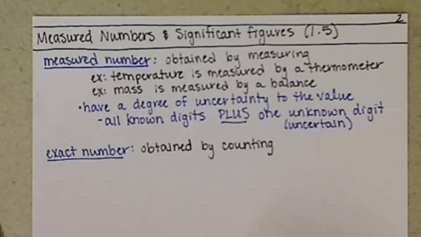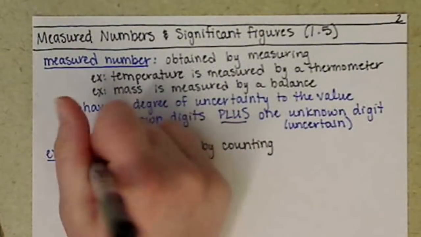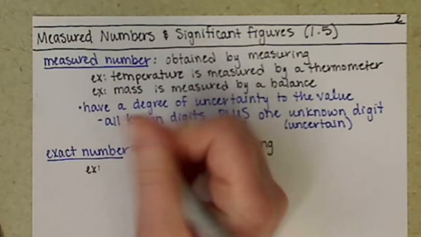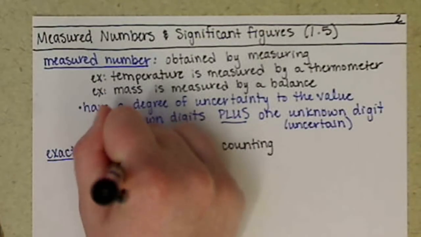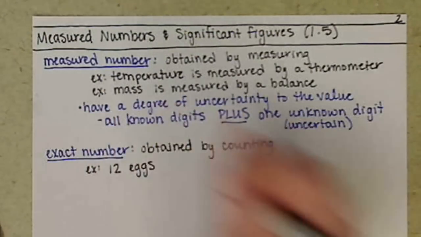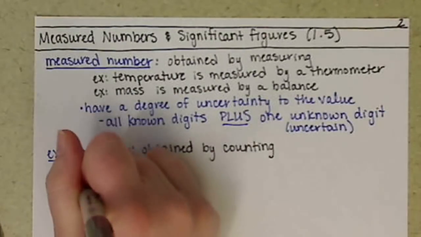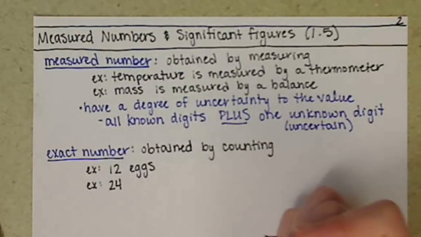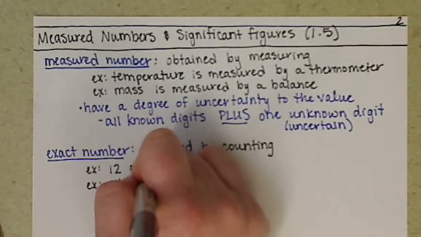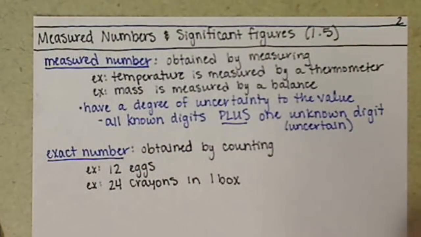So an example: if you were to buy a dozen eggs, you'd have 12 eggs, and you can count them 1, 2, 3, 4, 5, 6, 7, 8, 9, 10, 11, 12. Say you were to buy a box of crayons, you know that there are exactly 24 crayons in one box. There is no discrepancy there.